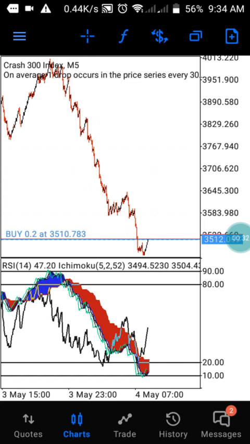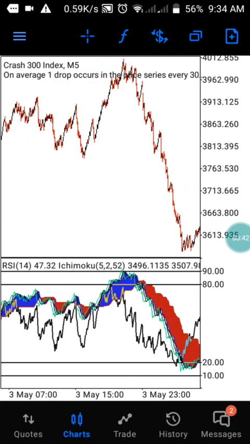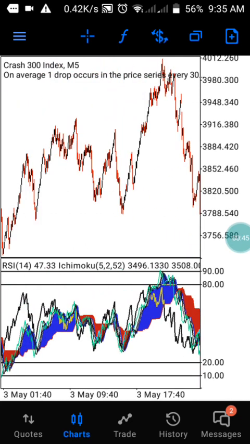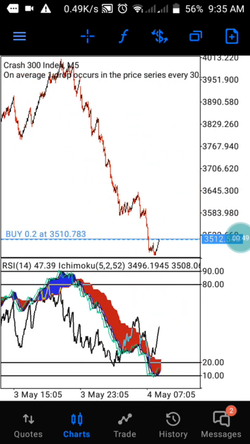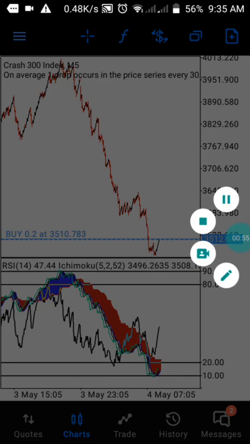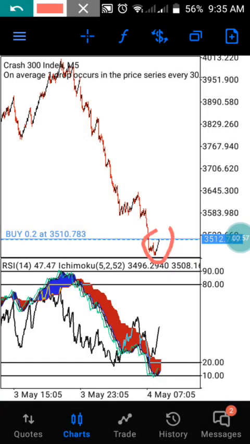So guys, today I'm going to show you a wonderful strategy that you can trade with Crash 300 and Boom 300. This strategy works a lot for Crash 300 and Boom 300. You can use it to take a spike, and you can also use it to take an uptrend. As you can see, currently I'm using this strategy to take an uptrend.